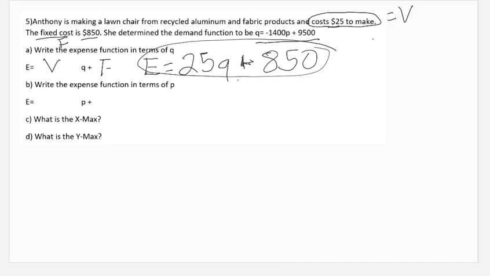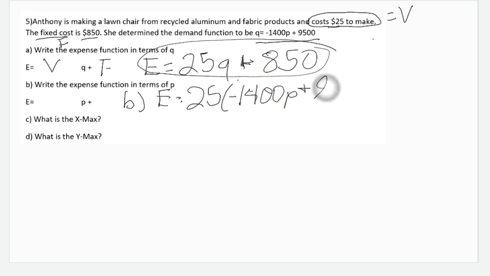Okay, so B, I'm going to put over here. It's going to be 25 times the demand function, so negative 1,400P plus 9,500 plus 850. I'm going to go ahead and distribute, and then we're going to combine like terms.